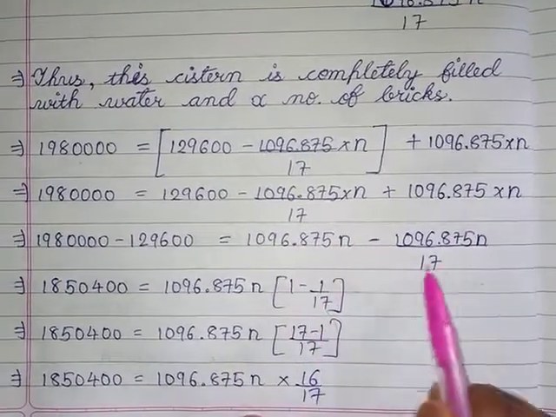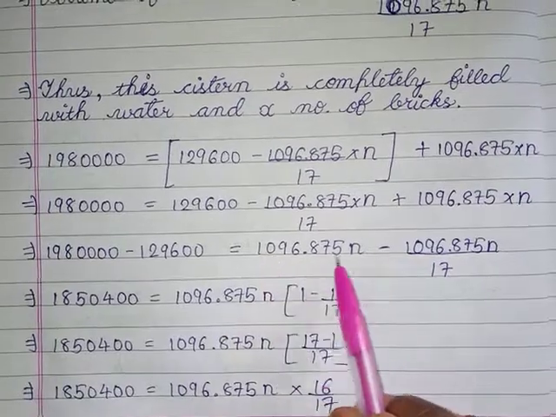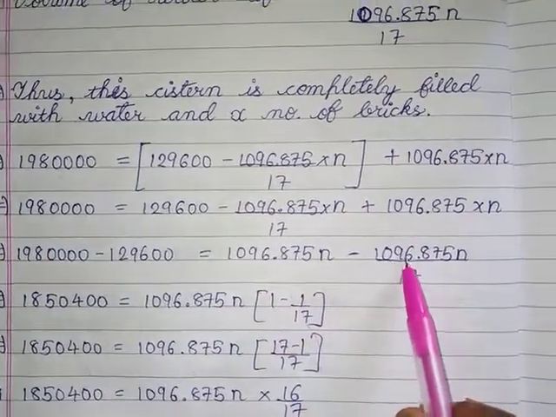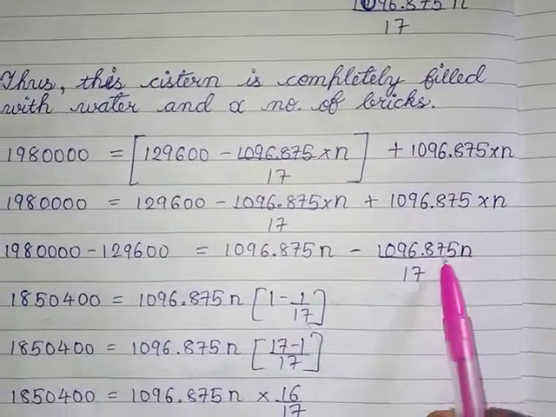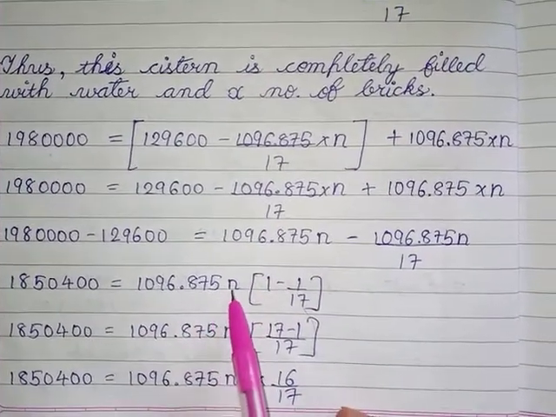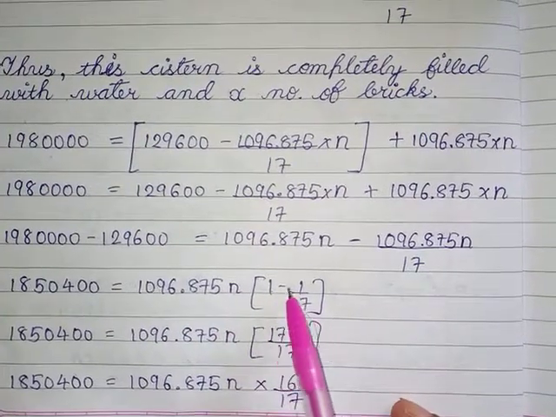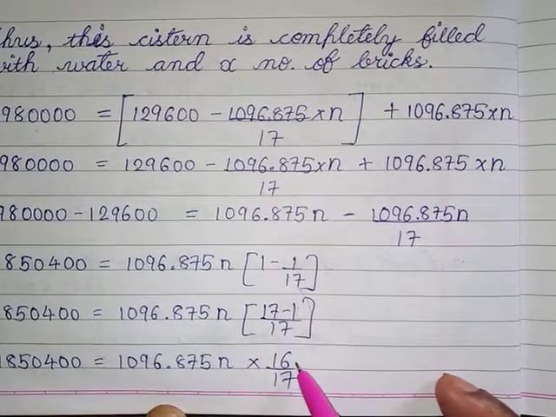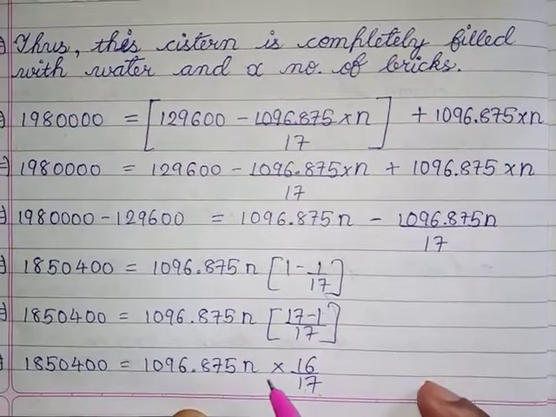Now see, this amount is common, 1096.875. If you take n common, then 1096.875 n in the bracket, 1 minus 1 by 17, that is 17 minus 1, that is 16 by 17, into n.